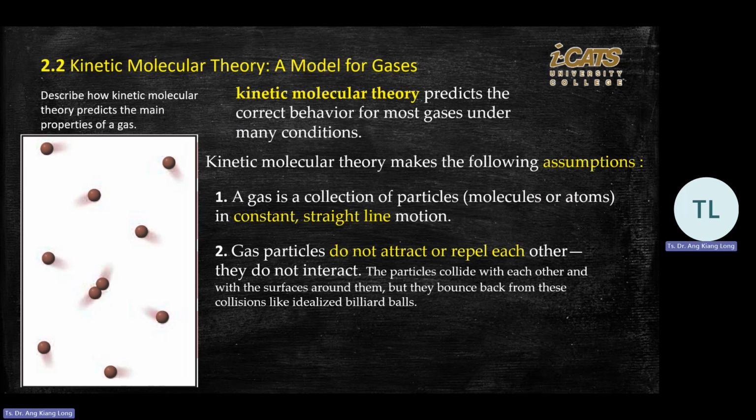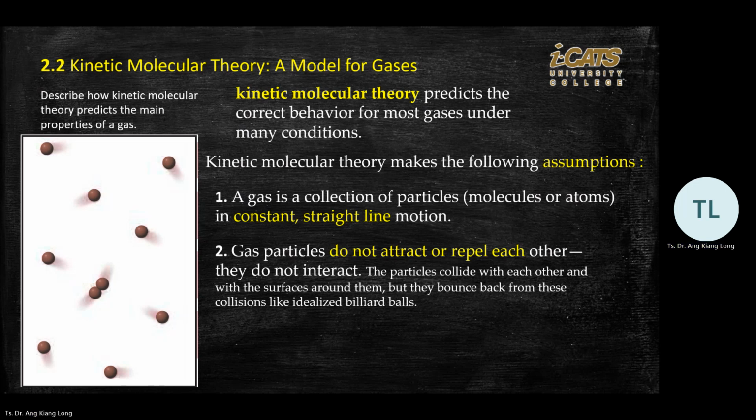One, it assumes the gas is a collection of particles in constant straight line motion. So if you apply kinetic molecular theory, we assume all these individual molecules move in a straight line. Straight line is like playing snooker. You hit the wall and reflect back, reflect to a certain angle in a straight line.